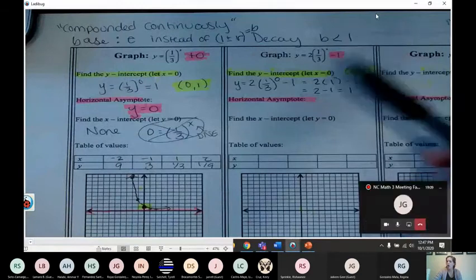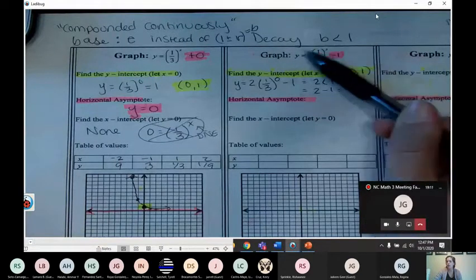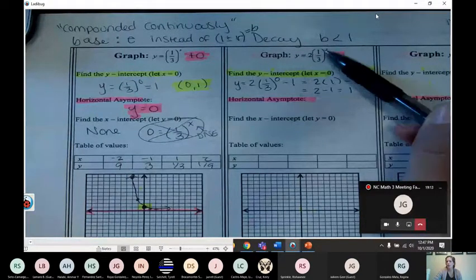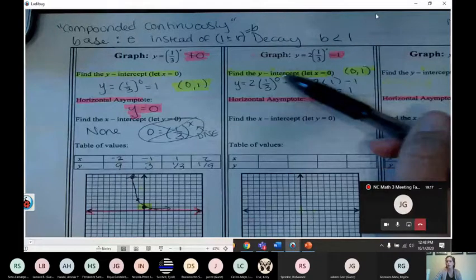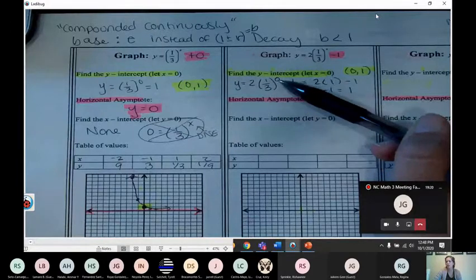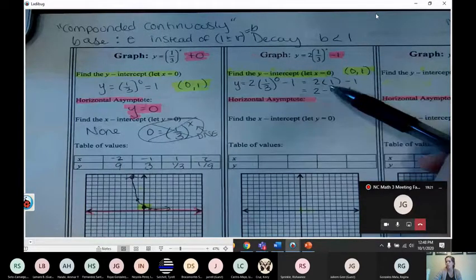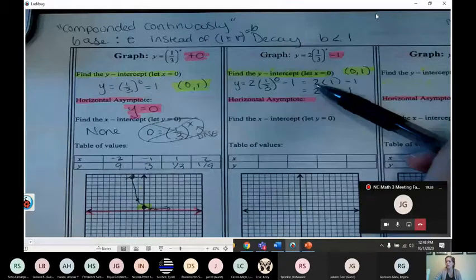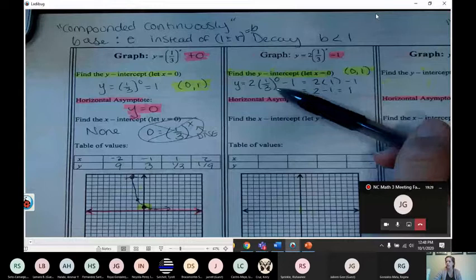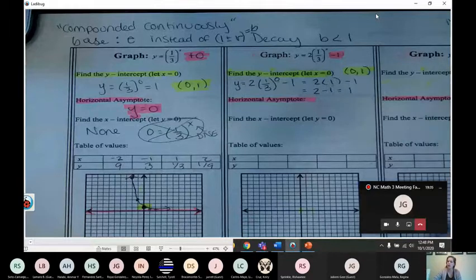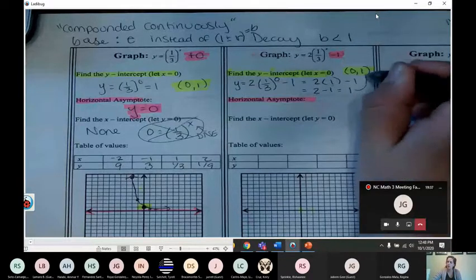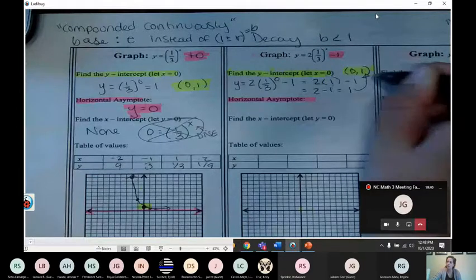So Rashani helped me rewrite this equation and we replace the x with a 0, then no matter what the base is, if it has a power of 0, it will be 1. And then we just substitute that 1 in for this piece. And then 2 times 1 was 2. We subtract 1 from that, just like our function, to get 1. This is our y value for our y-intercept.